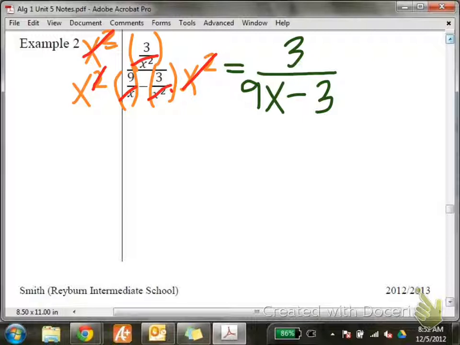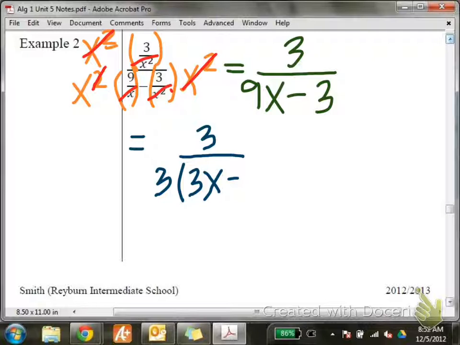I can factor out the GCF. What is the GCF, Alexia? 3. So we have a 3 in the numerator over 3 times. Ladies and gentlemen, if I factor out a 3, what does 9x become? 3x. Minus, if I factor out a 3, what does 3 become? A 1. Good.